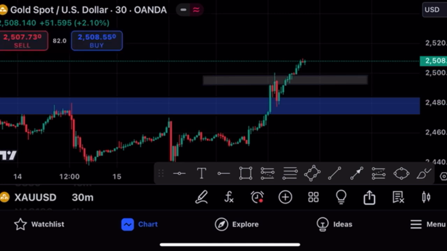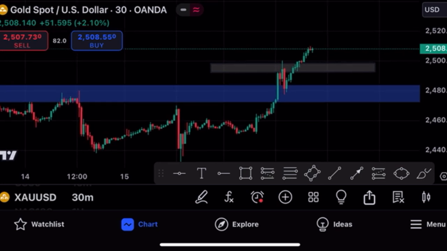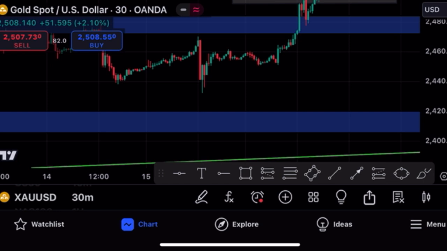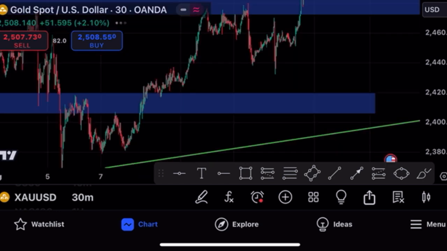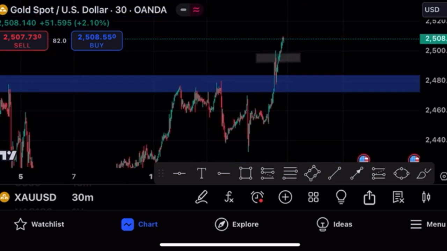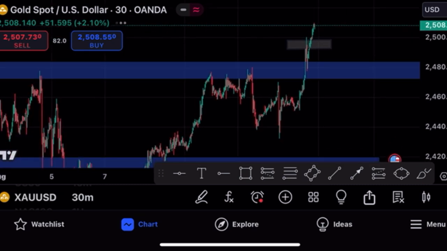So we could potentially see another retest at 25.00 and price shoot back up, or it could drastically drop back down into our zone. So when price gets to levels like these, all you can really do is wait. There's nothing else for you to do but wait.